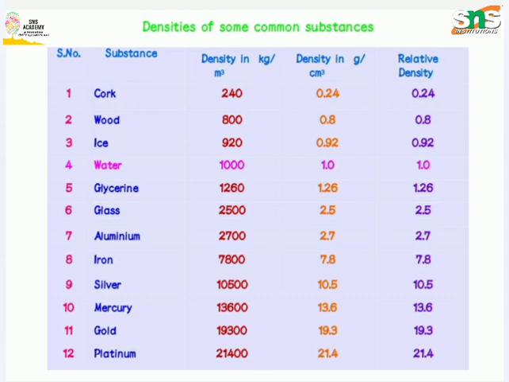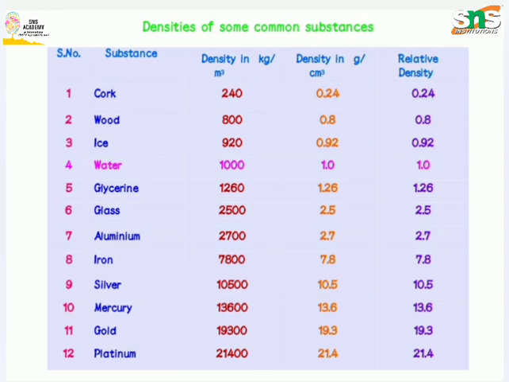So for example, let us take coke. The density of the substance is 240. So when you divide 240 by 1000, the answer will be 0.24. For wood, 800 divided by 1000 is 0.8. Ice, 920 divided by 1000 is 0.92.